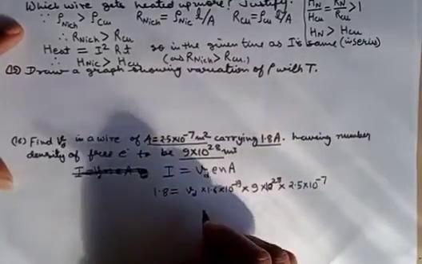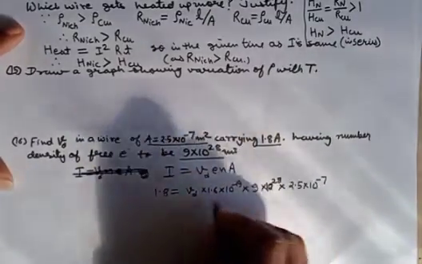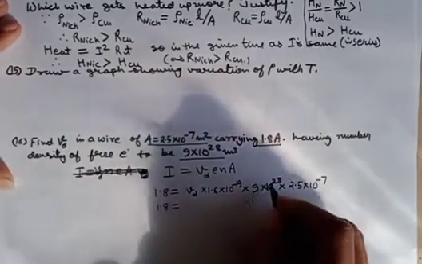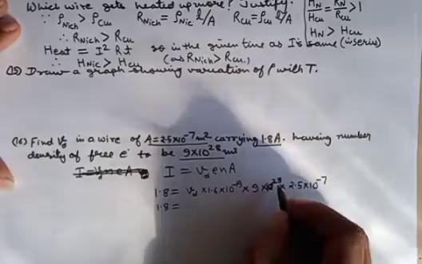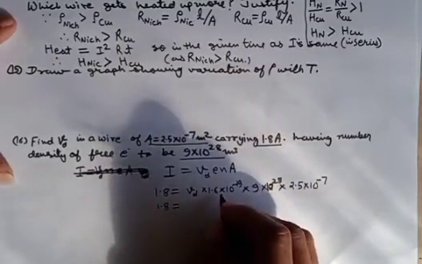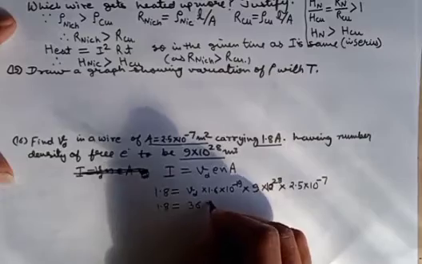Neither do we have to change anything, only some rearrangements. So it will be 10 to the power 9, and if we multiply both of them, 4 nines are 36.